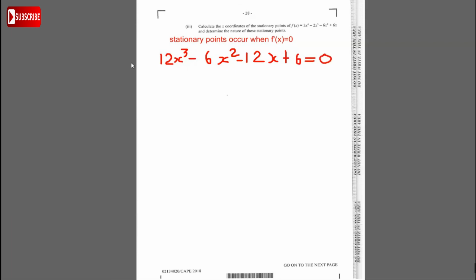So what we do is divide through by 6. And dividing through by 6, we're getting 2x cubed minus x squared. Dividing through by 6, we get x squared. Dividing through by 6, we get minus 2x.